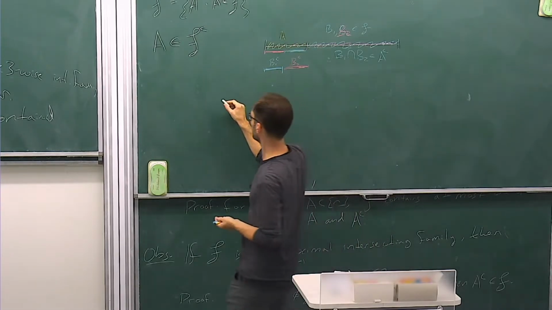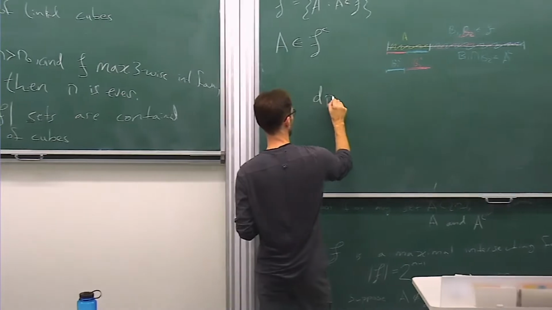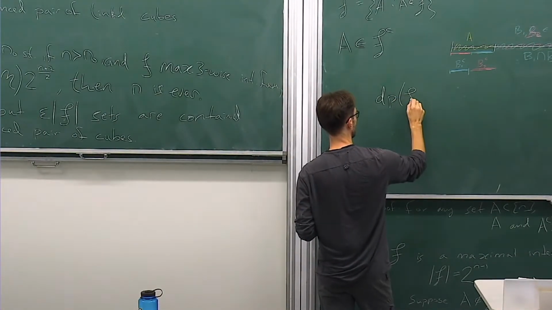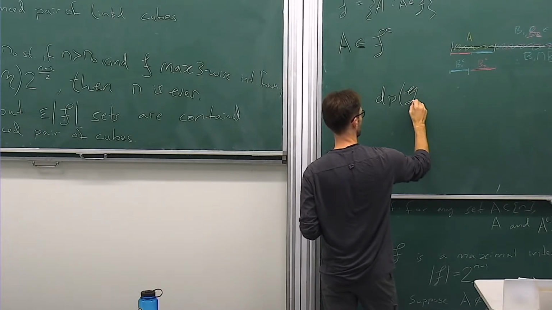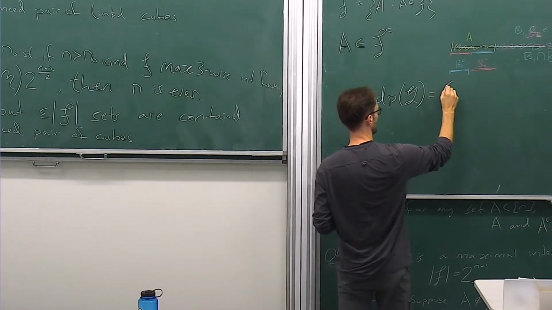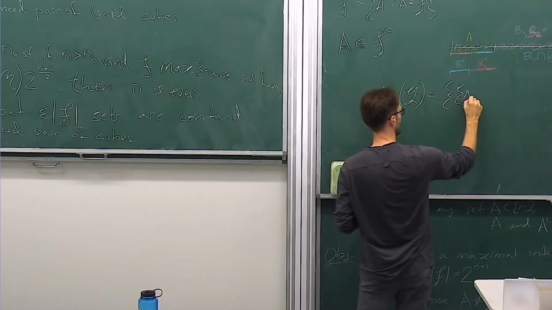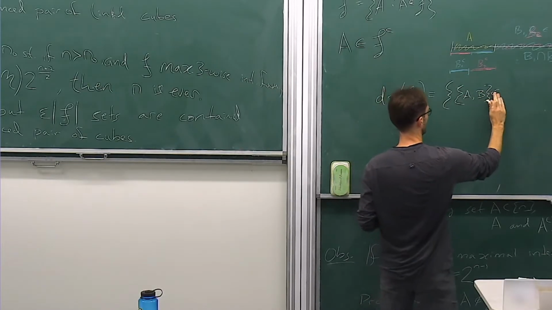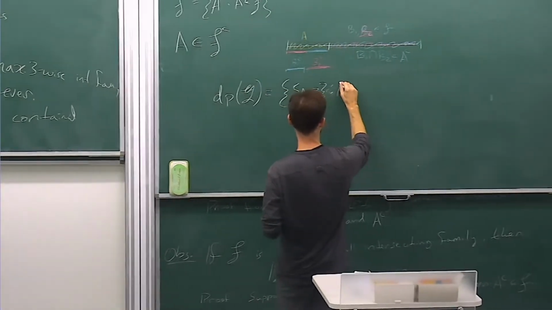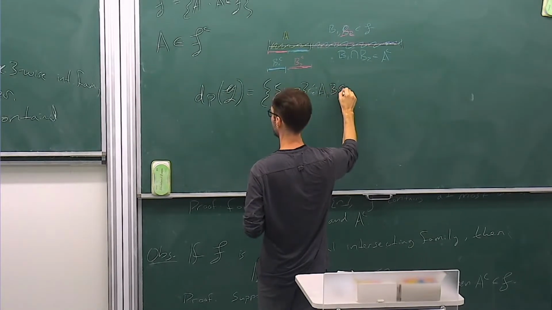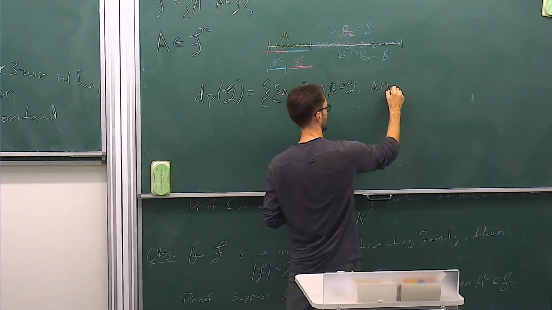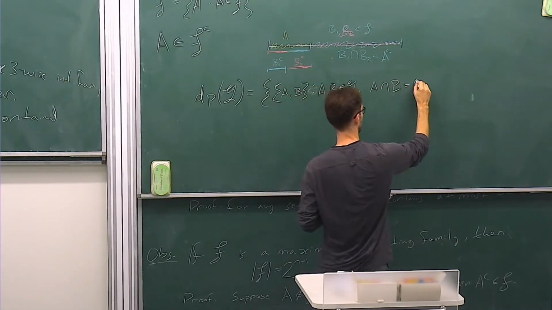Let me introduce a notation for disjoint pairs. Disjoint pairs for some set, let me call it G, is equal to the set of unordered pairs A and B such that A and B are in G, and A intersect B is equal to the empty set.